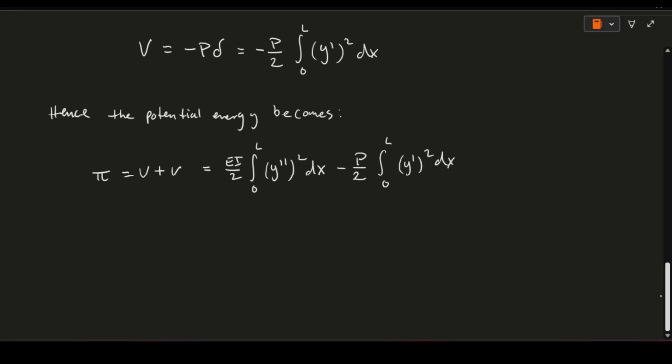If you take the variation of the potential energy, this must equal 0.